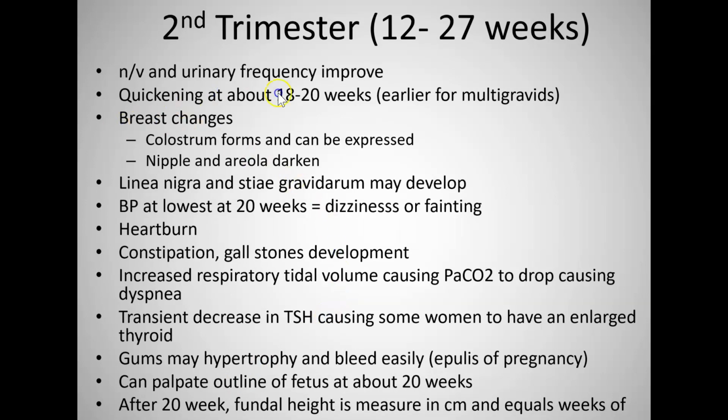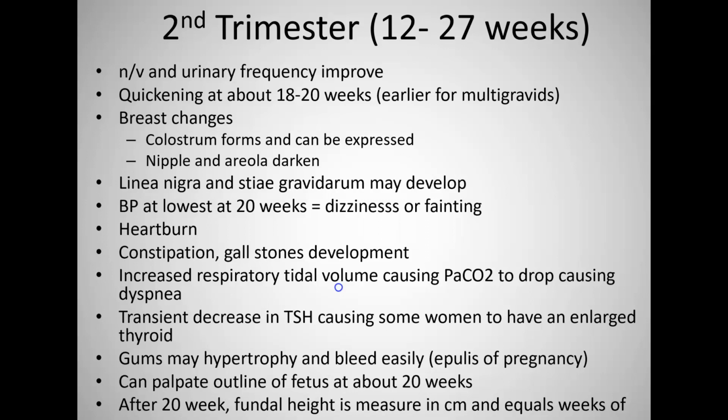The second trimester is when you really, truly see it. Between that 12 to 27 weeks is when it's the real deal. Nausea and vomiting usually stop after the 3rd month, which is 12 weeks, and even the urinary frequency tends to improve.